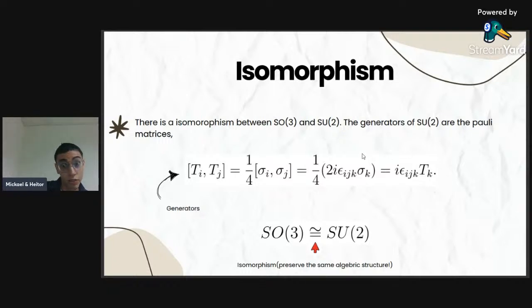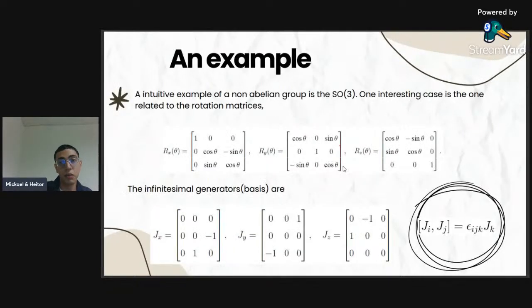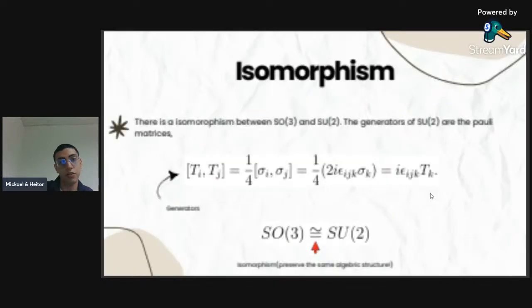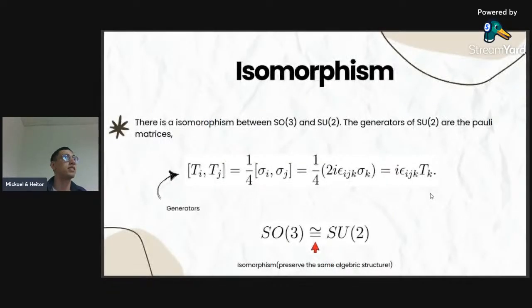The algebraic structure is basically the commutator. They have similar expressions for the commutator. So we say that we have an isomorphism between those two groups. Basically, this is the main idea here. And of course, the generators in this group are the Pauli matrices divided by 2, which are just defined to be T. That will be similar to the T that we have here.